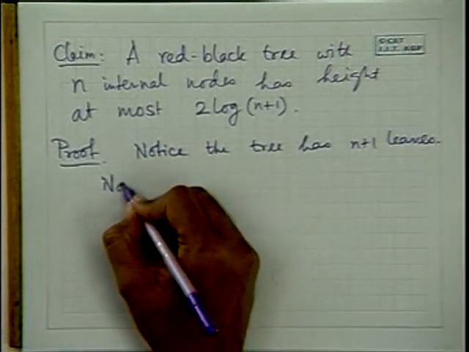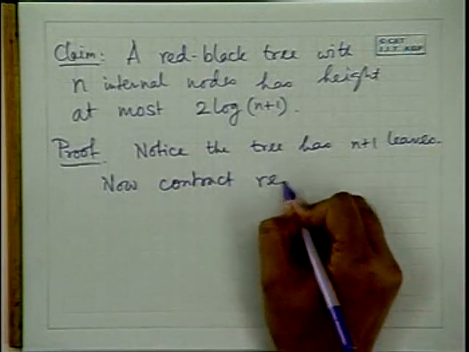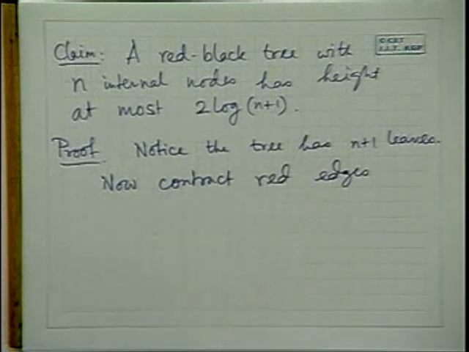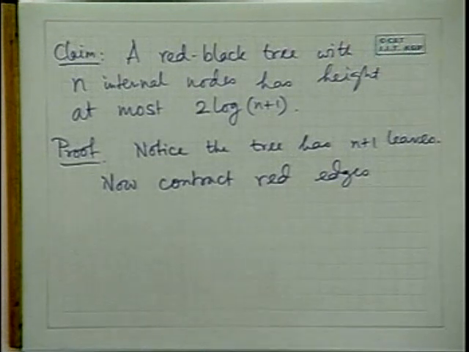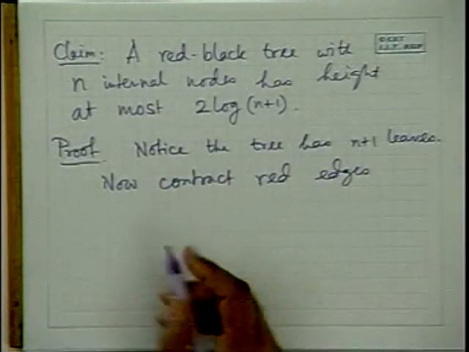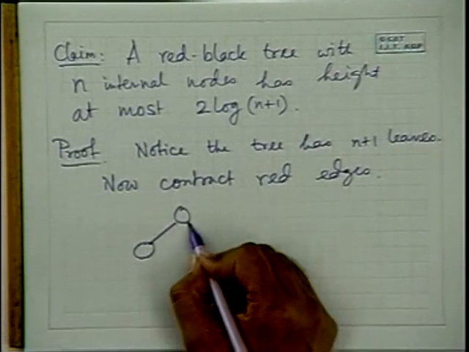Now what you do, you contract the red edges. If there is any red edge, you contract it. You just merge the 2 nodes which are connected by this red edge into one node. So we will be modifying the tree.